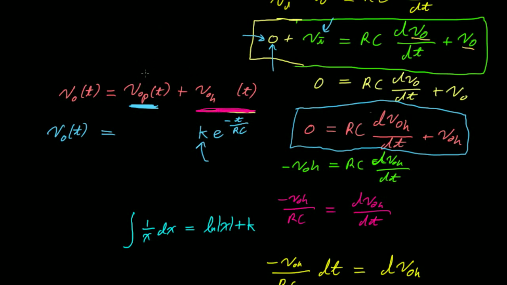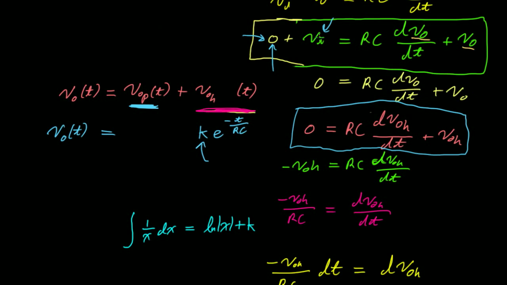So what we're going to do in this video is find our particular solution. It's called VOP, and it can be a function of time. In the last video we dealt with 0 is equal to RC times dVO dt plus VO.